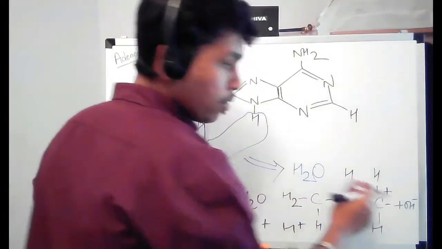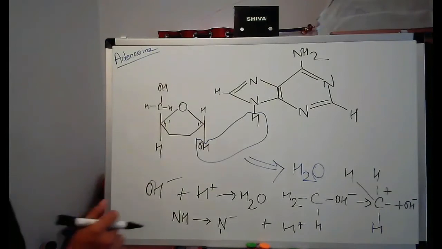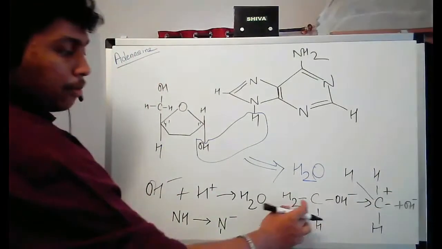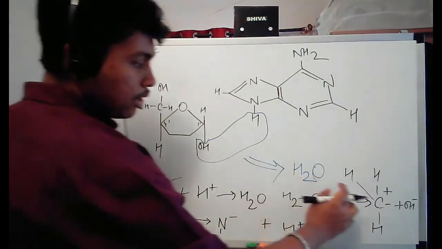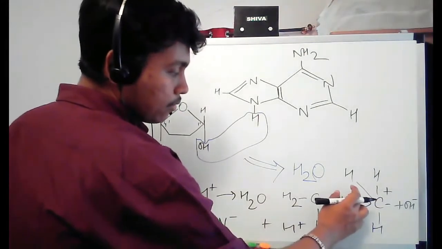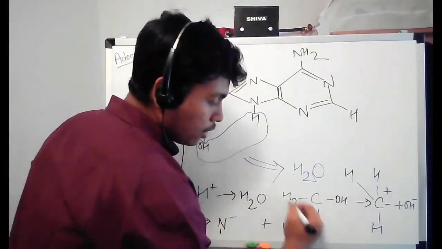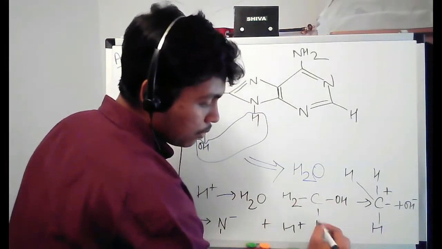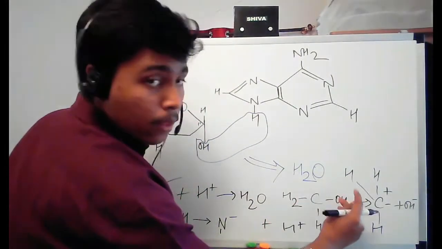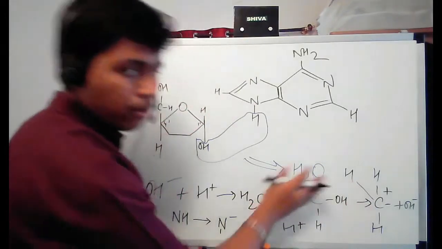This carbon is now positive in nature because carbon was stable. Over here carbon was stable. OH was the negative group. Over here H is positive, H2 is positive, this is positive, this is the negative group, making the carbon positive.